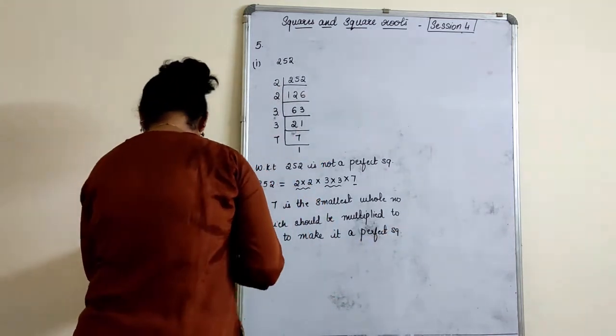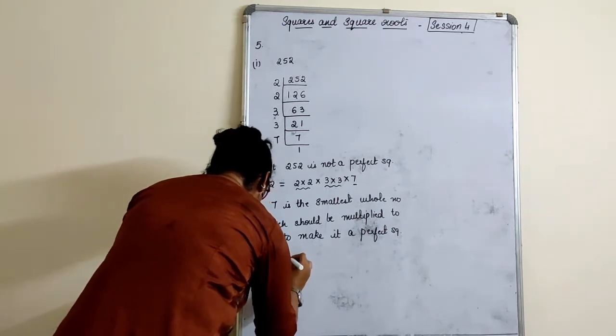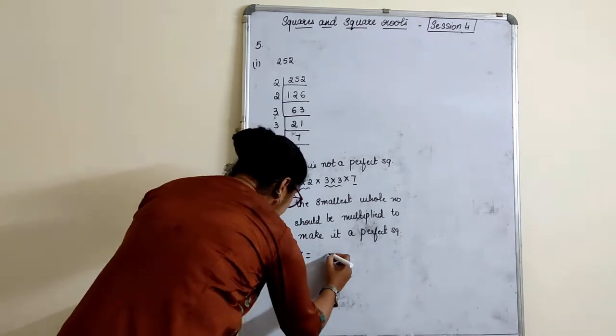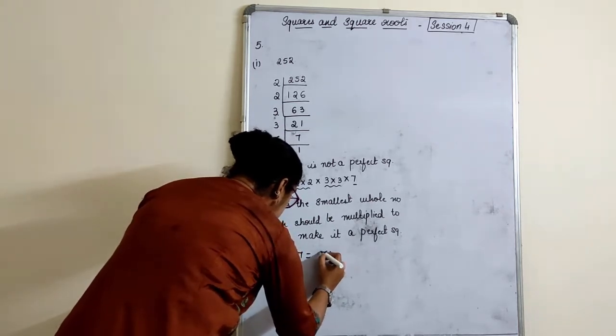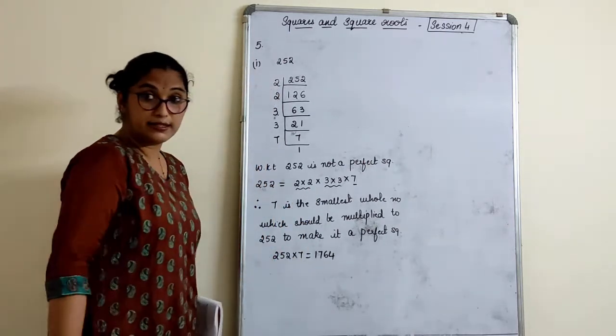You have to write these steps compulsorily. Okay, so what we will do now is multiply 252 into 7. How much do you get? You get 1764. You get this, right?